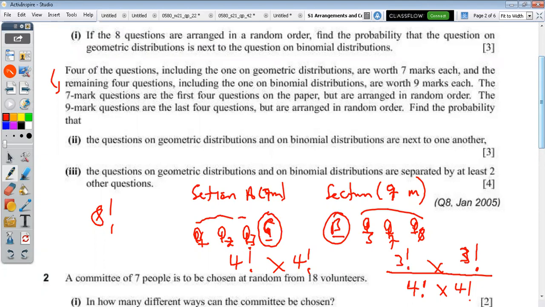So under section A, we'll have questions 1, 2, and 3, and those are the four questions. Underneath we've got 4 questions in both section A and B, which is the denominator. It's 4 factorial times 4 factorial. The reason it's 4 factorial is this: if they're all different, we treat them in 4 factorial ways. Then the geometric is fixed, so we can't multiply that. Questions 1, 2, and 3 can move around, so we've got 3 factorial times 3 factorial.